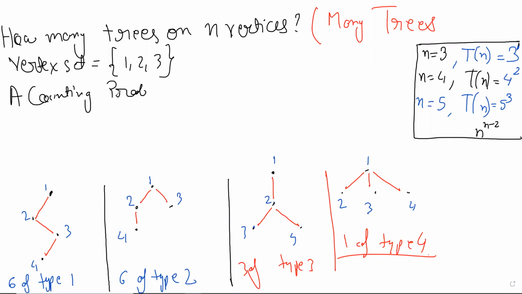What's the simplest counting problem that gives you n to the power n minus 2 as an answer? And obviously you have these n things. How do you get such a thing? Just think based on the choices and such. What kind of counting problem will give you this as an answer?